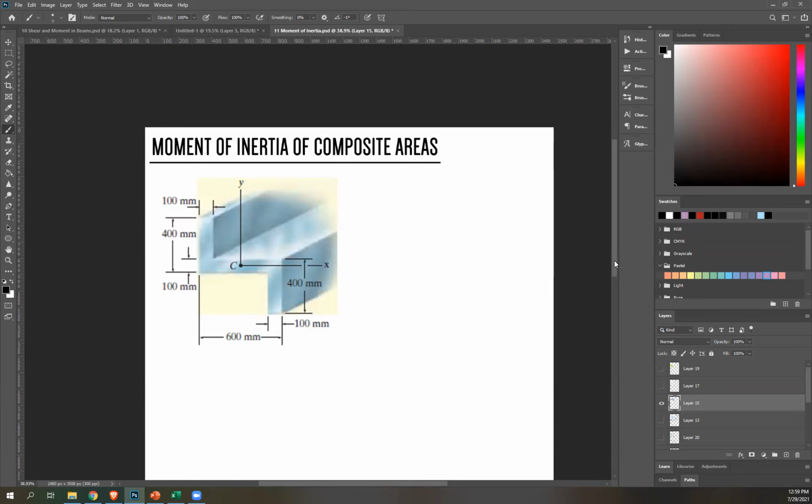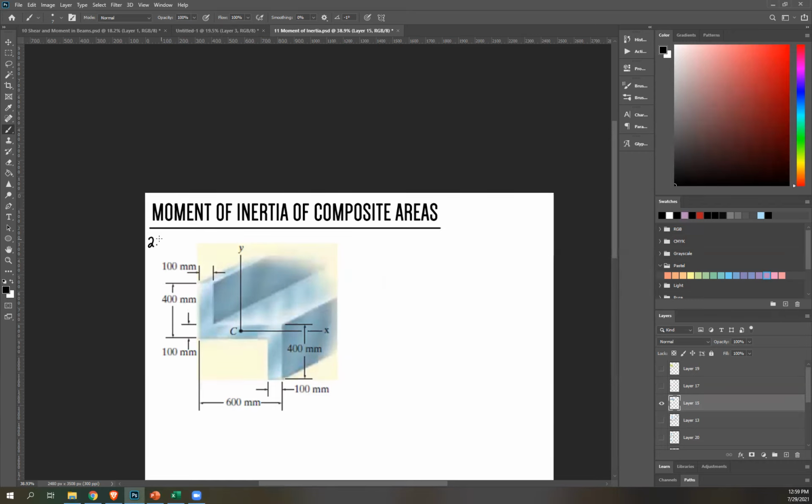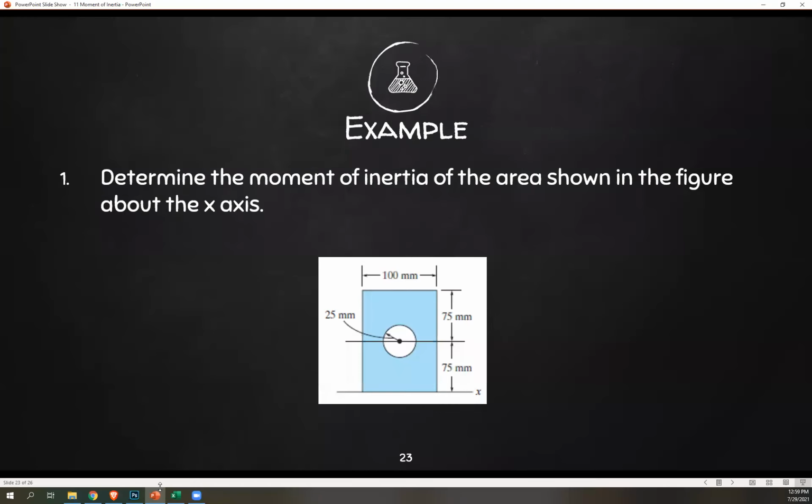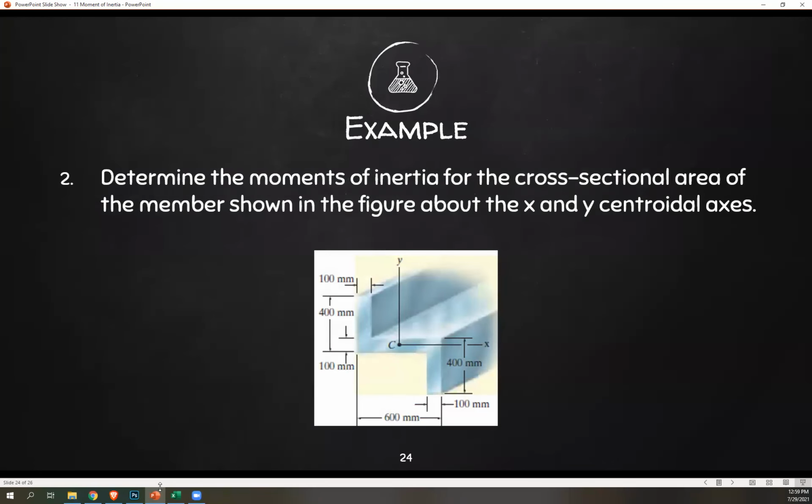This is number 2. So looking at number 2, determine the moments of inertia for the cross-sectional area of the member shown in the figure about the x and y centroidal axis.